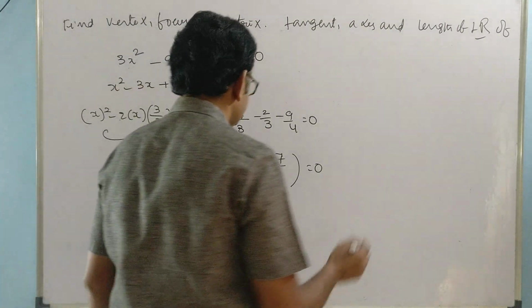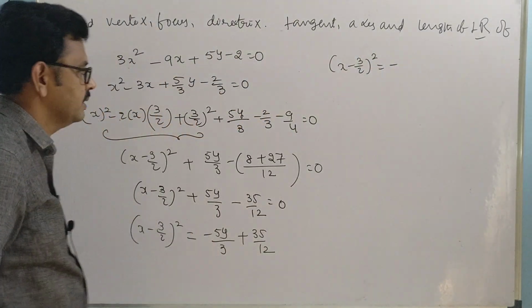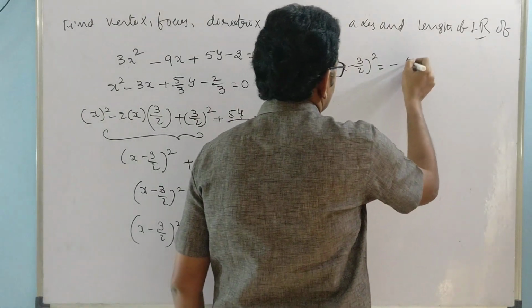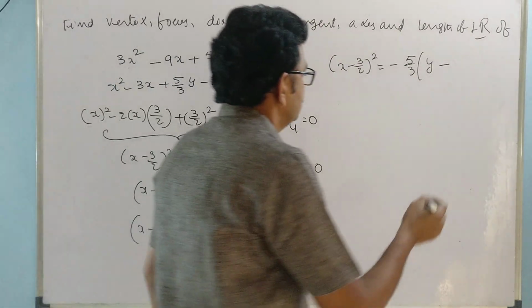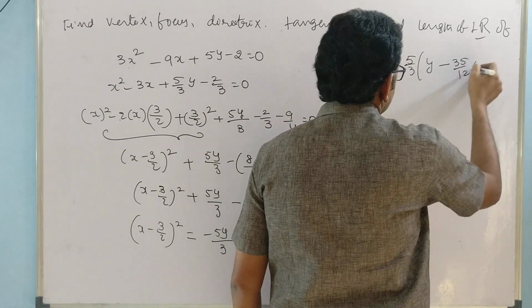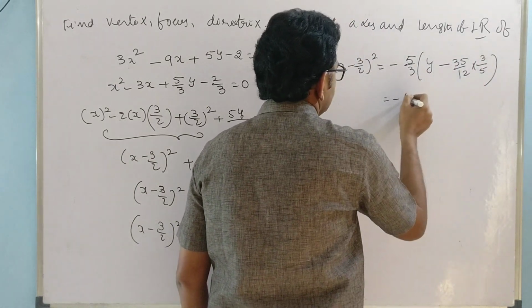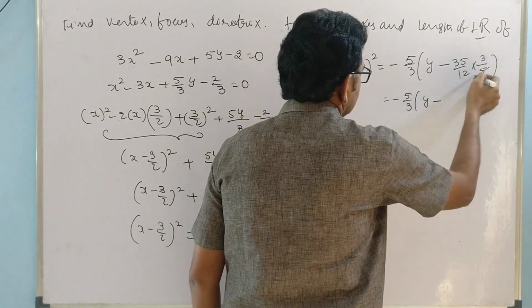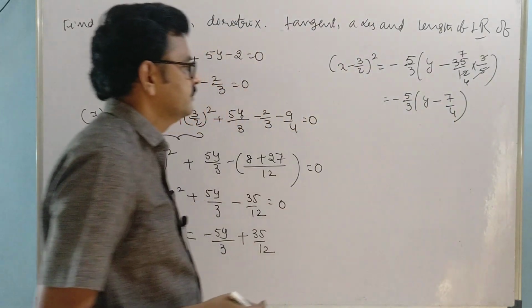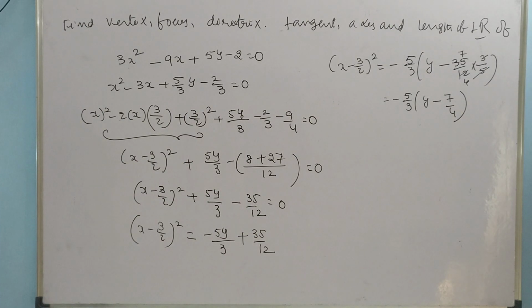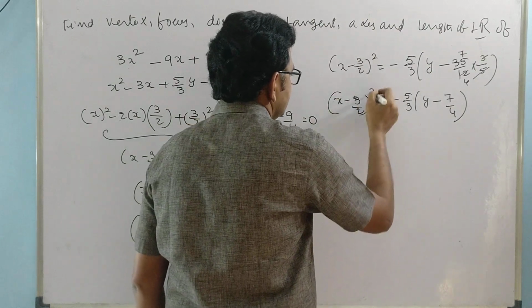Again, taking minus 5 by 3 common, (x minus 3 by 2) whole square is equal to minus 5 by 3 into (y minus 7 by 4).